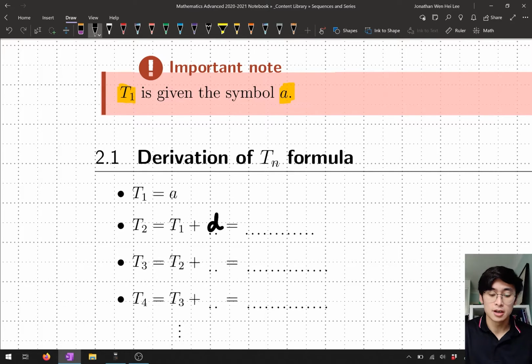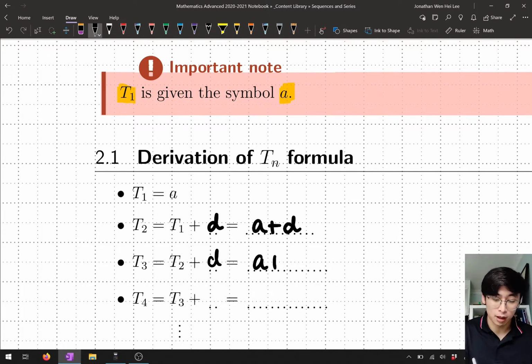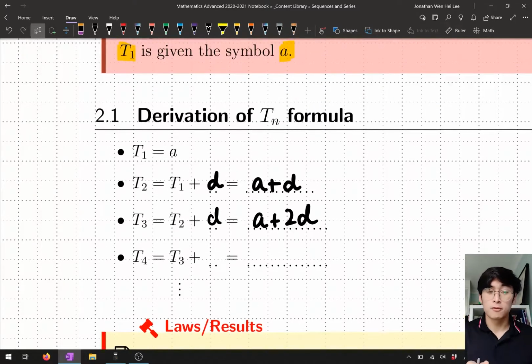So that's just going to be A plus D. Then if I want term 3, I start off with term 2 and add on that common difference again. So T3 is just going to be A plus 2 lots of D. And term 4, my fourth term, is going to be term 3 plus another common difference. So it's going to be A plus 3D.